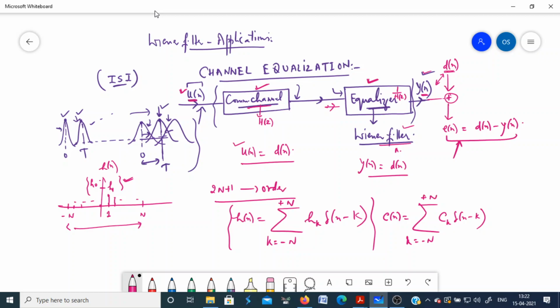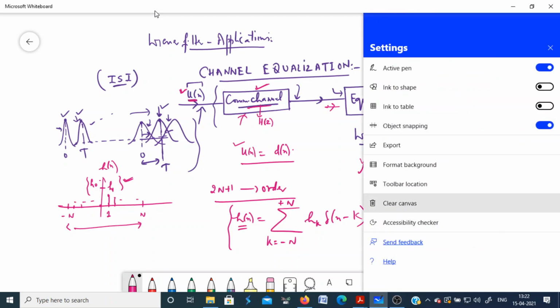Okay, so this is the impulse response of this communication channel. This is the impulse response of this equalizer. Now since these two are in cascade, this is your communication channel, and then in cascade with an equalizer.